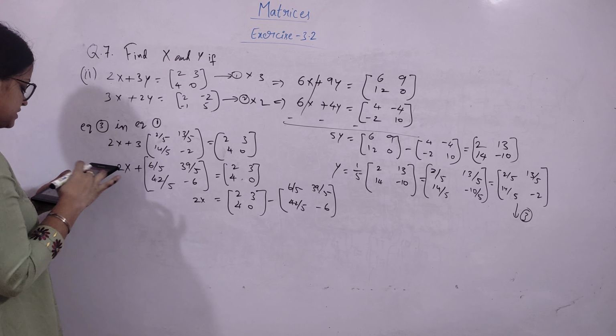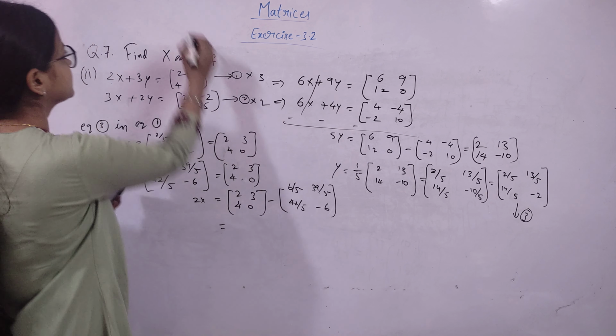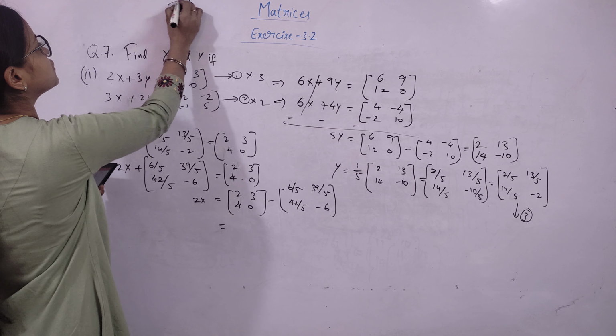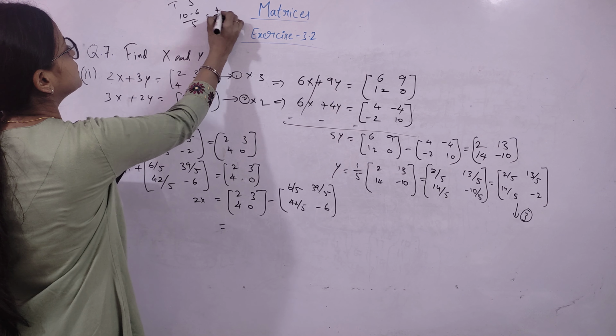Now if we solve this, first 2 minus 6 by 5. 5 twos are 10, minus 6 by 5, it is 4 by 5.